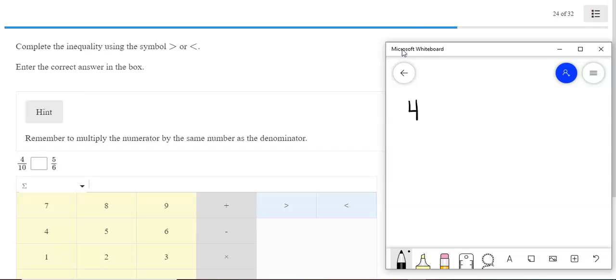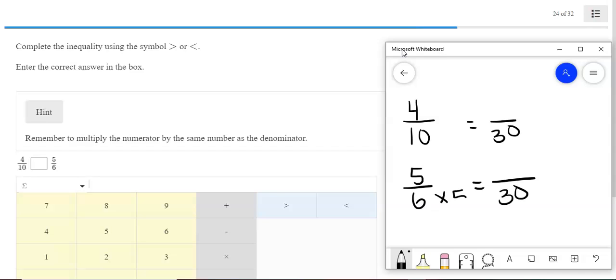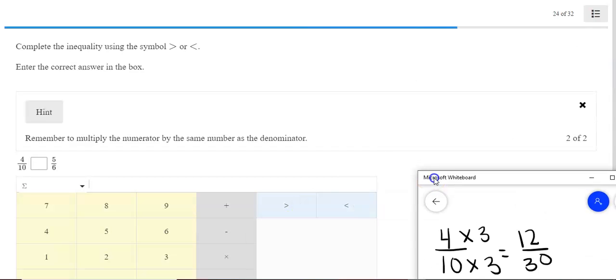We're going to get a common denominator of 30. Six times 5 is 30, so 5 times 5 is 25. 10 times 3 is 30, so 4 times 3 is 12. 12 is less than 25.